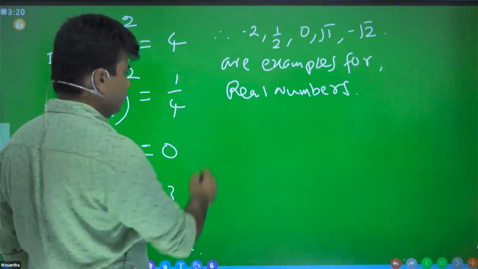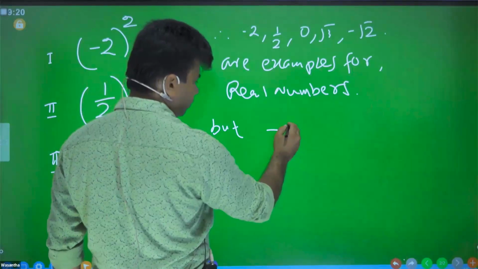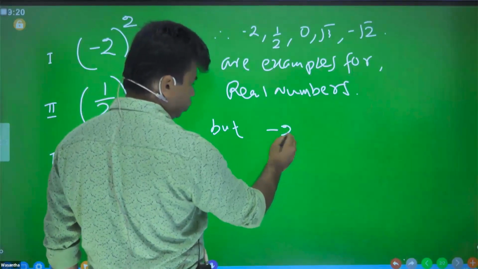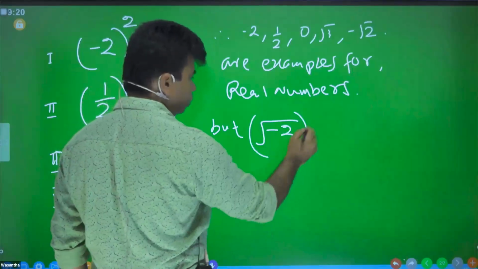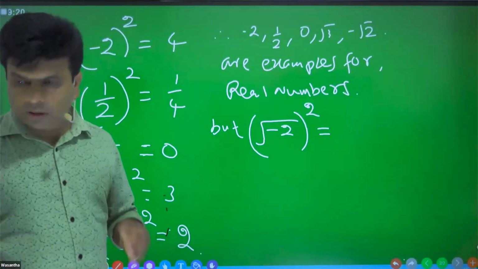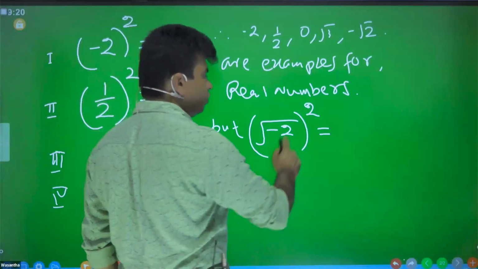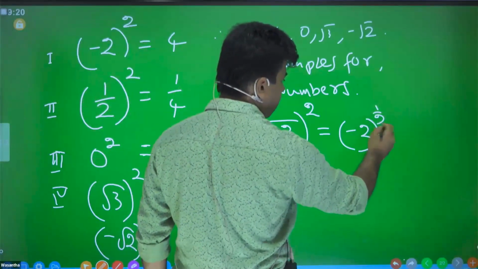But what if you go for the square root of minus 2? What is the square of the square root of minus 2? Can you tell me the answer? If you take the square root of minus 2 squared, it means minus 2 to the power half, to the power 2.